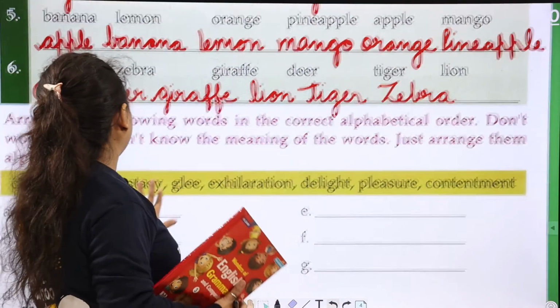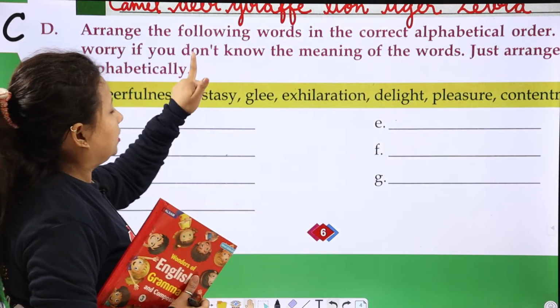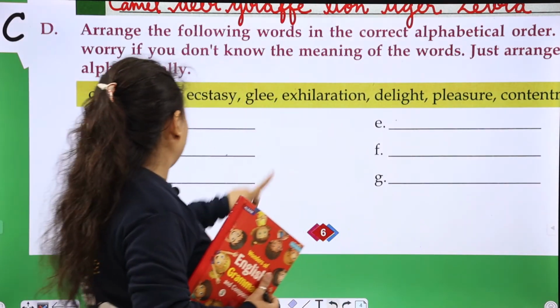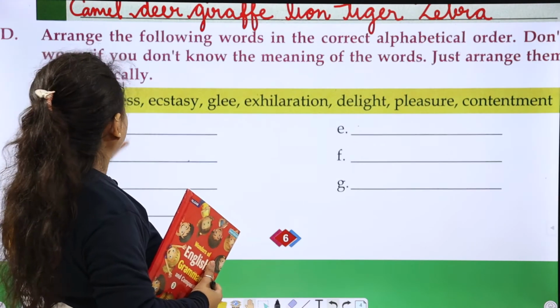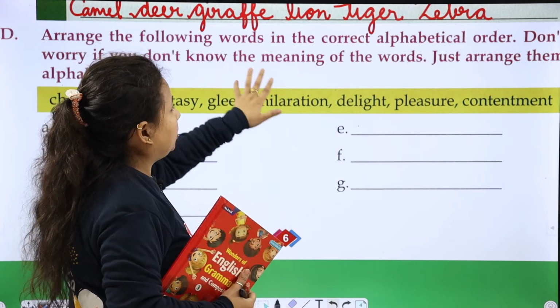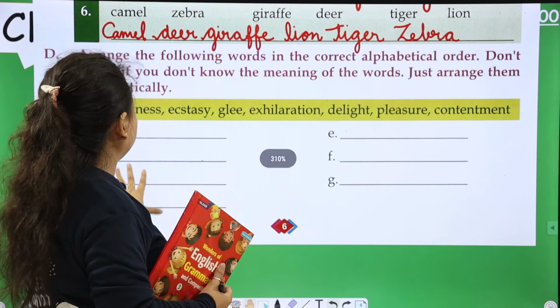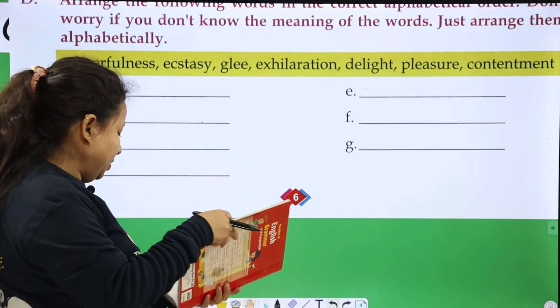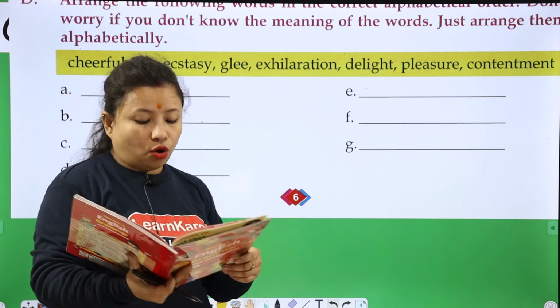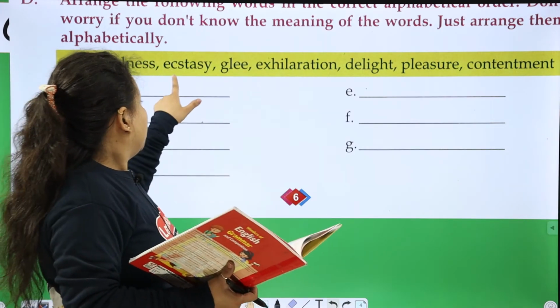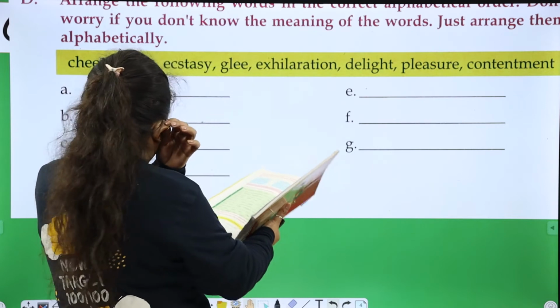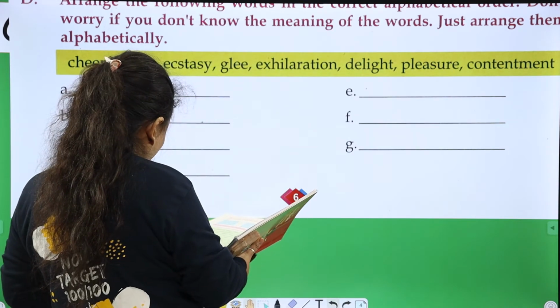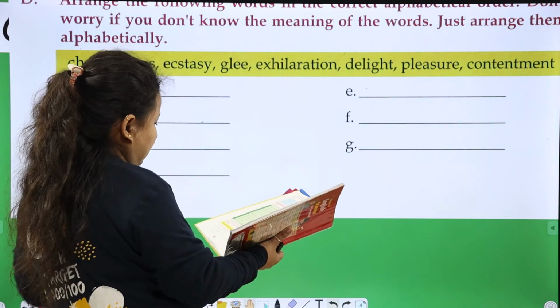Now next is arrange the following words in the correct alphabetical order. Don't worry if you don't know the meaning of the words, just arrange them alphabetically. Cheerfulness. What is the meaning of cheerfulness? Joyful. Ecstasy, it means bliss.